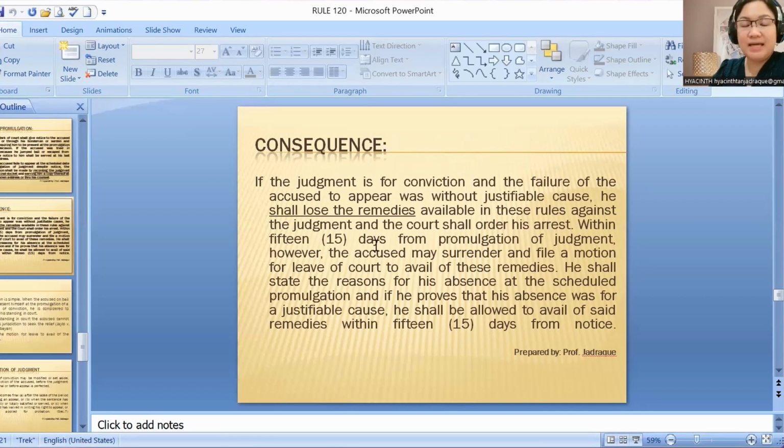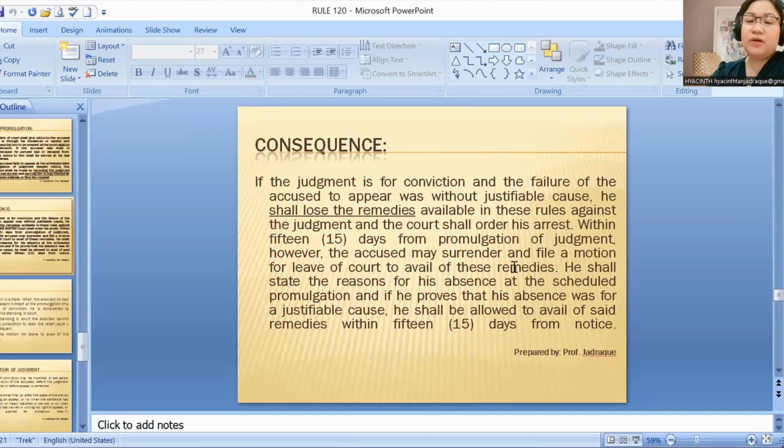Within 15 days from promulgation of judgment, however, the accused may surrender and file a motion for leave of court to avail of these remedies. What are the remedies that the accused might lose because of his non-appearance? Motion for new trial, reconsideration, and even appeal. So he will lose it.